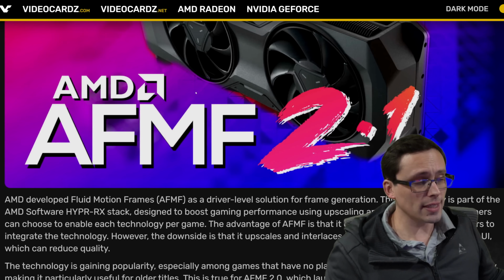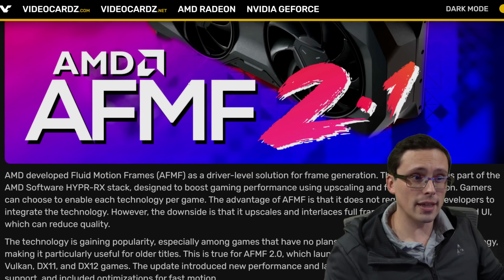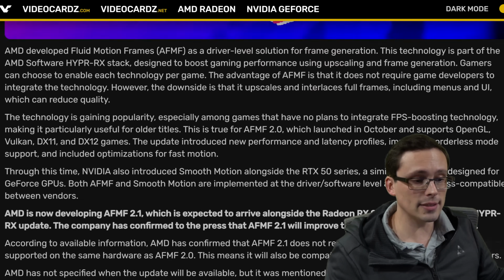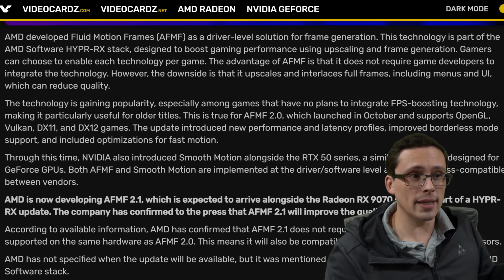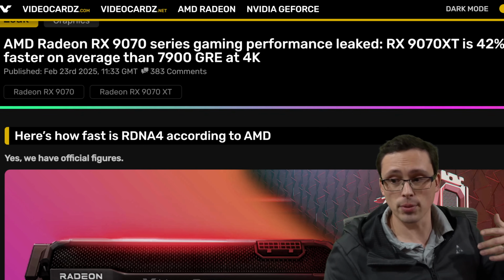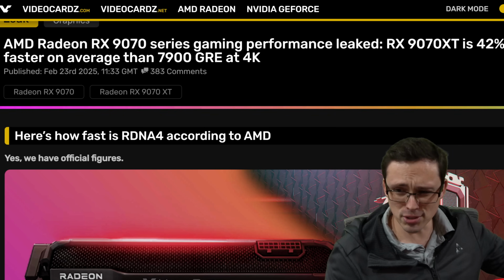Now, the source for this is videocards.com themselves. They are making this claim saying that this has been presented to media, and this is coming immediately after their leaked benchmarks for the 9000 series. I reported on these, was that yesterday? I lose track of time.